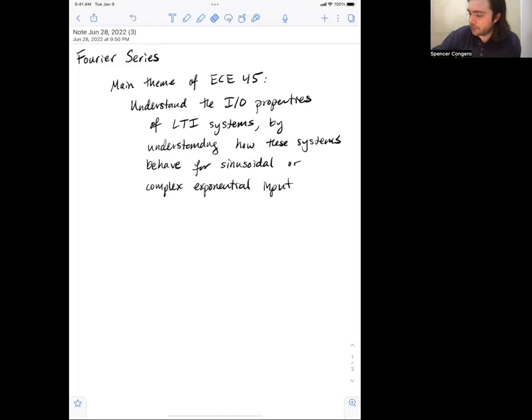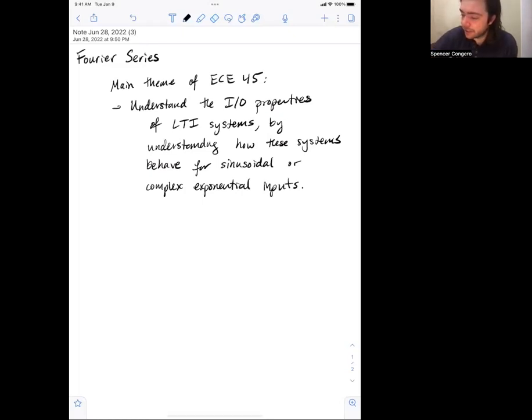Essentially we want to look at how these systems react when we put in sinusoids or even complex exponentials, and then try and somehow generalize that so that we can understand more complicated functions as well. And this is going to be leading us into Fourier series and Fourier transform.